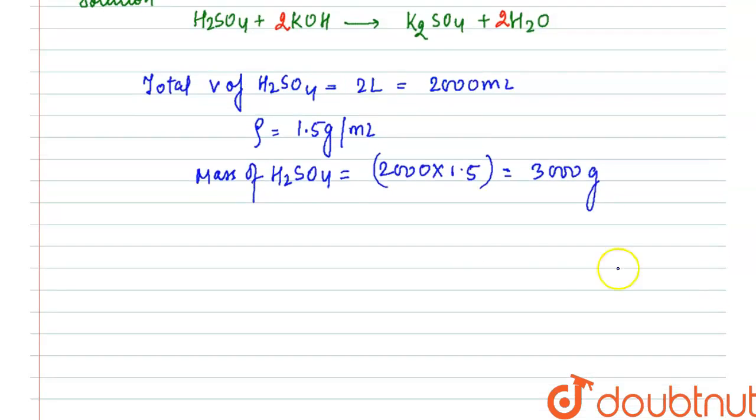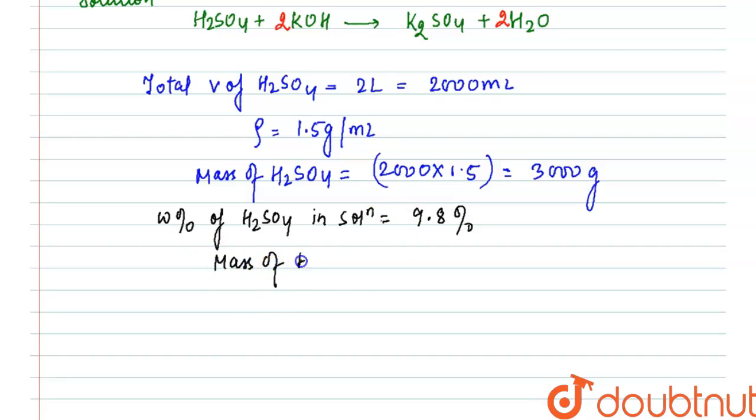Now we have also been provided the weight percent of H2SO4 in solution, and that is equal to 9.8%. So 9.8% means the mass of H2SO4 in solution will be 3000 into 9.8 upon 100, which means it will be 294 grams.